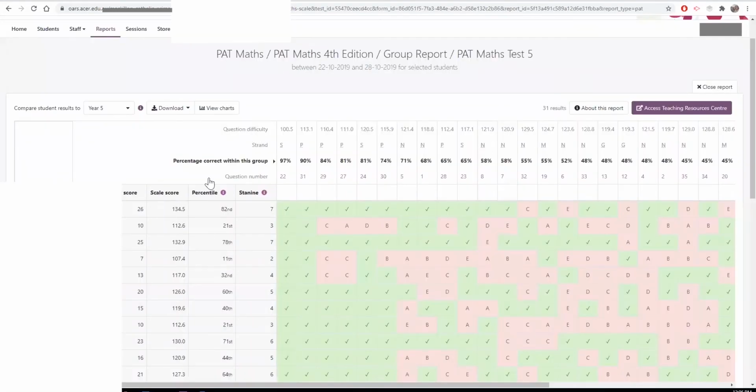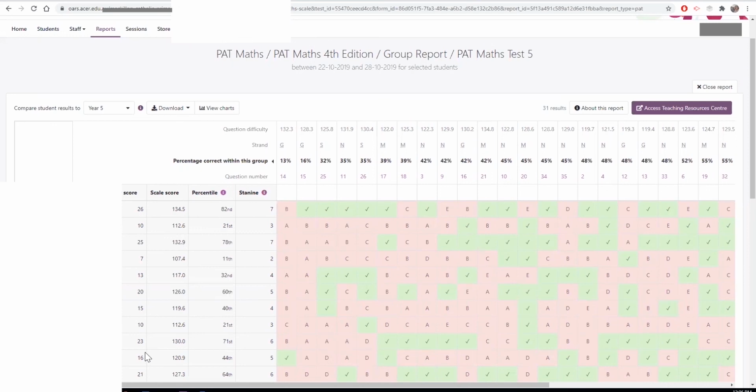Something else to keep in mind, let's go back to there. Something else to keep in mind is that not all of my year 5 students have done this test. So this isn't a list of all my year 5 students. So if I'm looking at my teaching overall and the students learning overall, I need to include the other students.